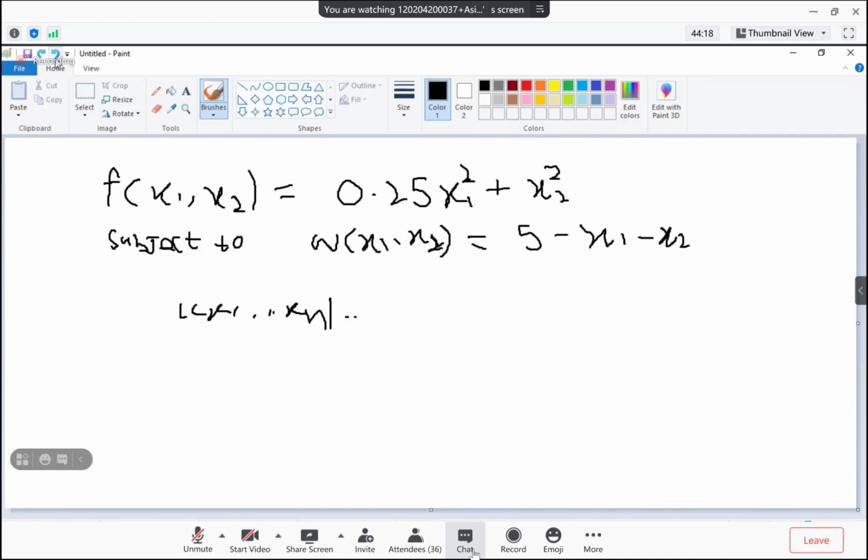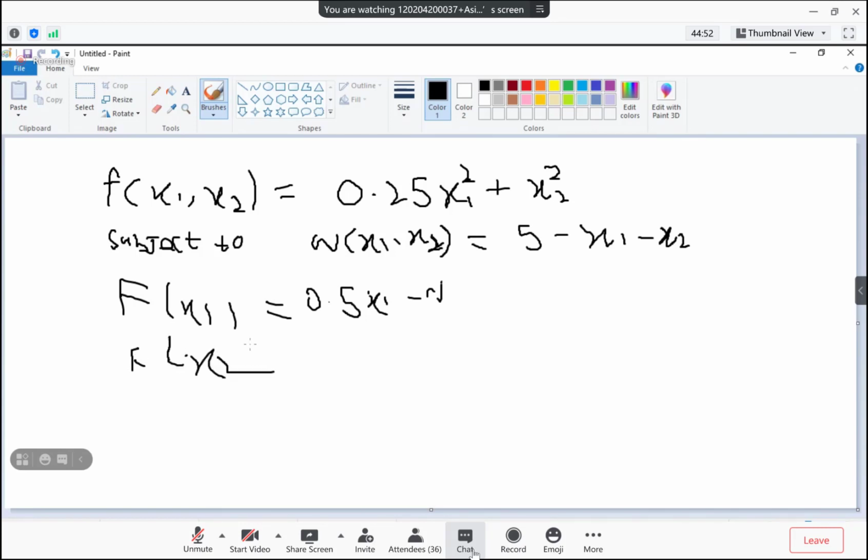Let me write. After taking the partial derivatives, we will get these values. For x1, it is 0.5 x1 minus lambda, and for x2, it is 2 x2 minus lambda.